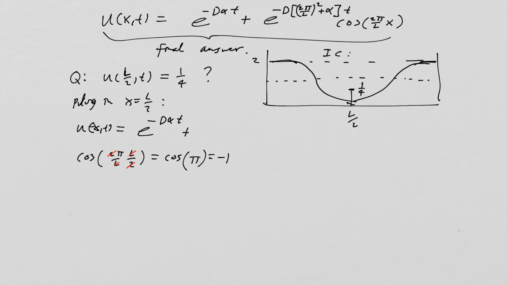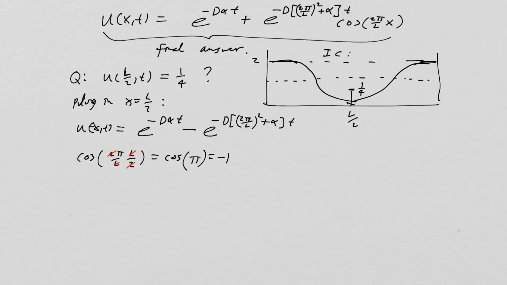So what we have to write here then is a negative e to the negative d times 2 pi over L quantity squared plus alpha times t.